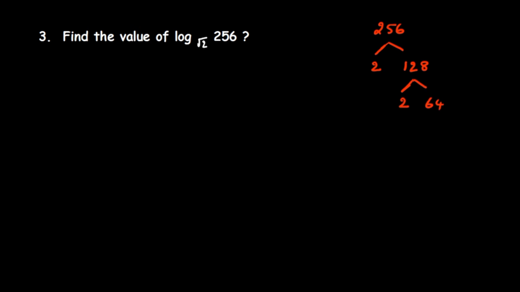So 64 we can write now 2 32s, this 32, 2 16s and 2 8s, 2 4s, 2 2s. Count here how many 2s are there. Yes, that is 1 2 3 4 5 6 7 8. That means 256 we can write as 2 to the power of 8.